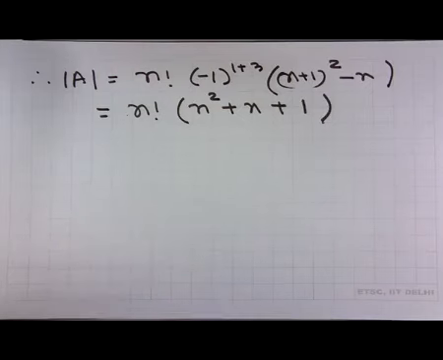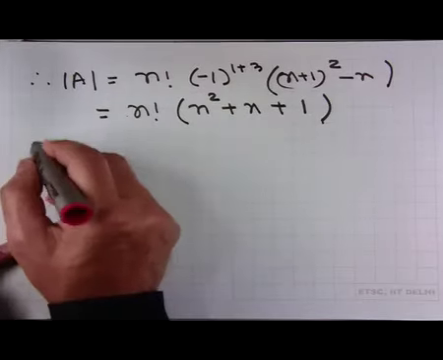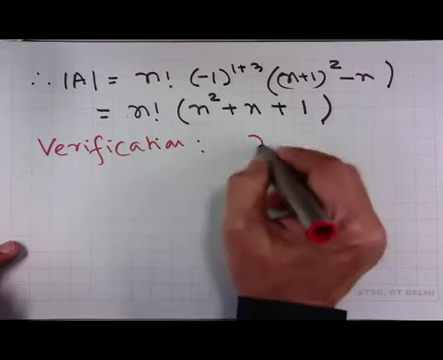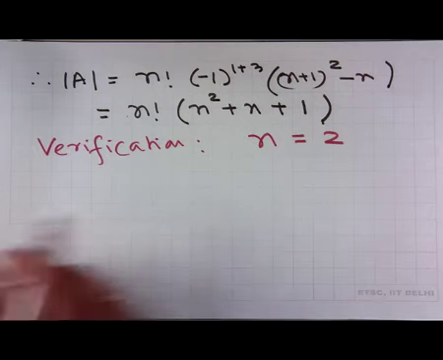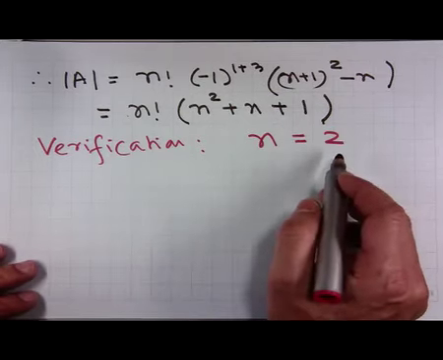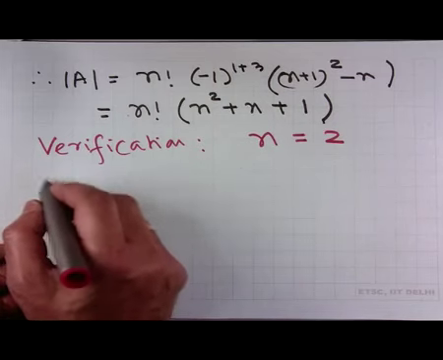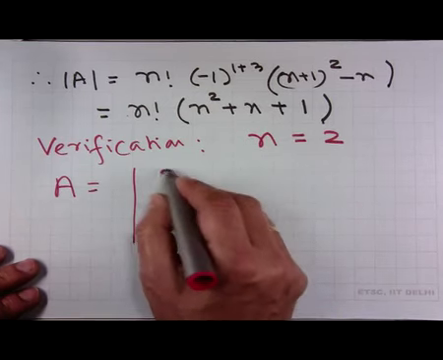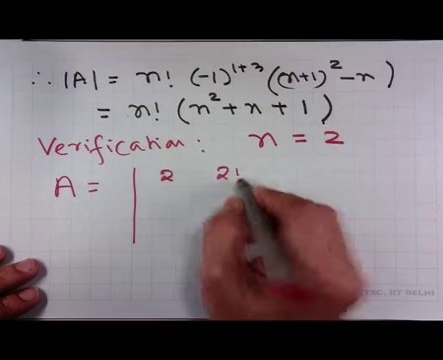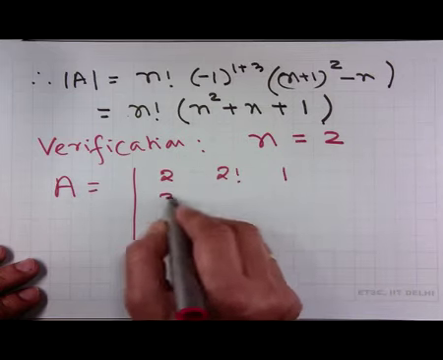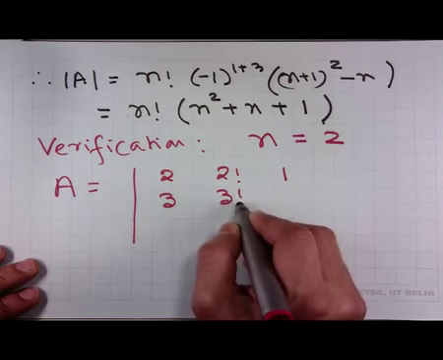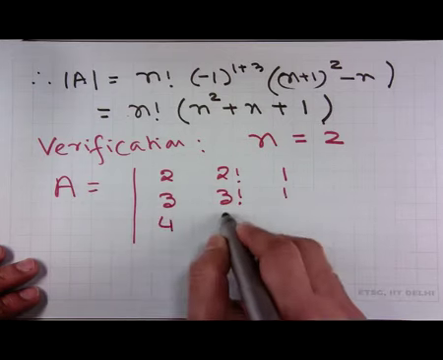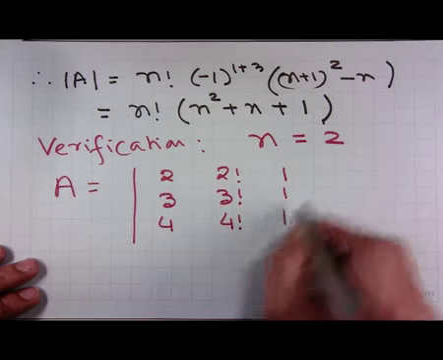So, let us verify it for a simple n. Suppose we want to verify for n is equal to 2, therefore, we know that A is equal to the matrix with rows 2, 2 factorial, 1; 3, 3 factorial, 1; 4, 4 factorial, 1.